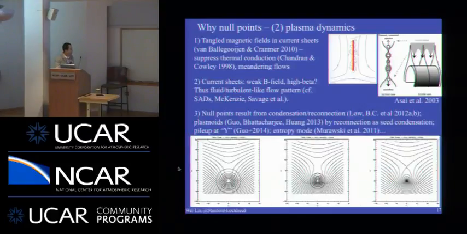And there are more possibilities, like the interplay between cooling condensation and the magnetic field: condensation can also deform the magnetic field, and eventually sometimes it can cause reconnection and produce null points, or the so-called null O-type structure. This list goes on, but the key point is that null points can be very important for condensation, and for the flow characteristics in the prominence material.